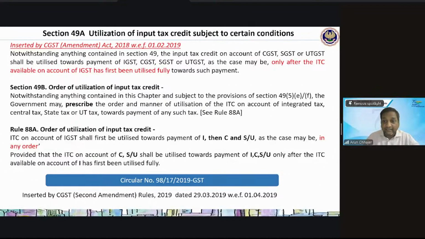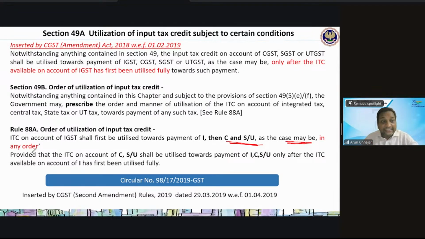It says that I shall be utilized toward the payment of I, then C and S, as the case may be. What is the meaning of as the case may be? Your choice.